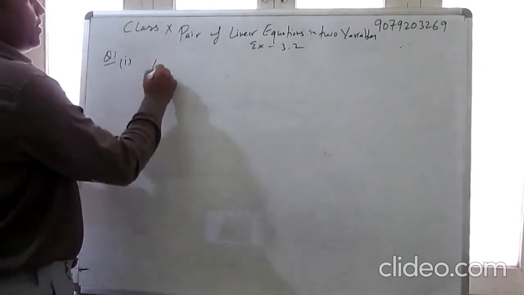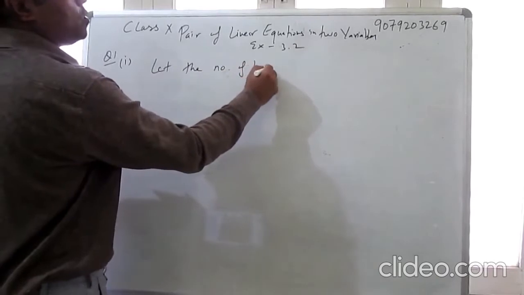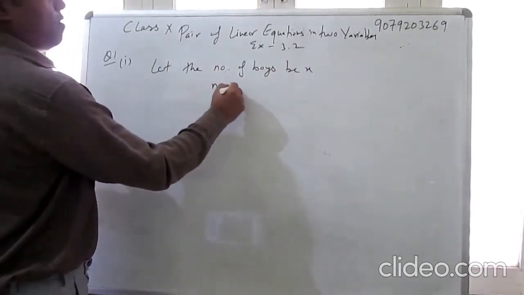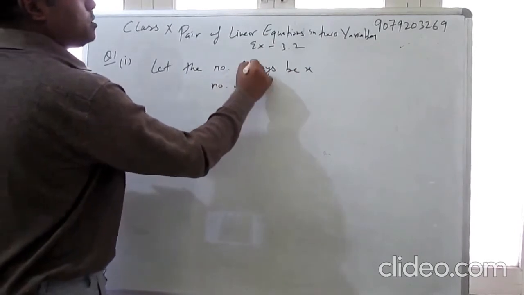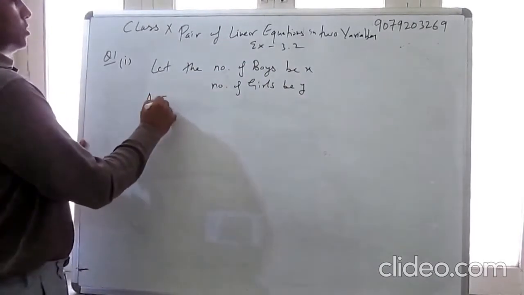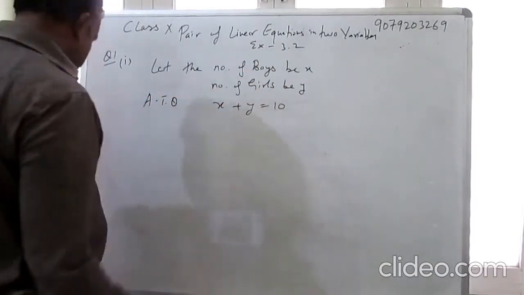So 10, let the number of boys be X and number of girls be Y. According to question, total students X plus Y is 10.